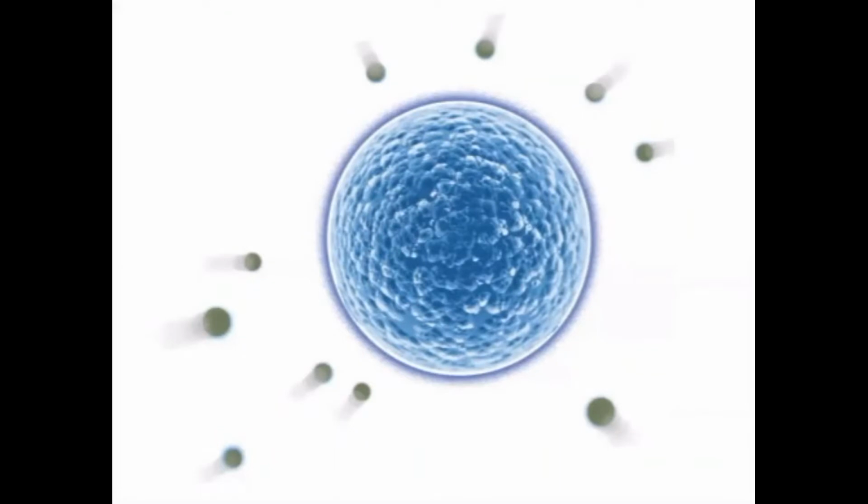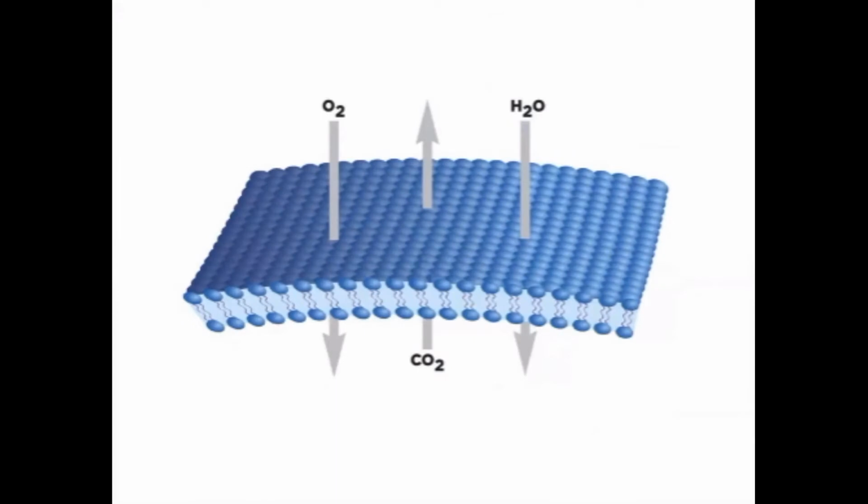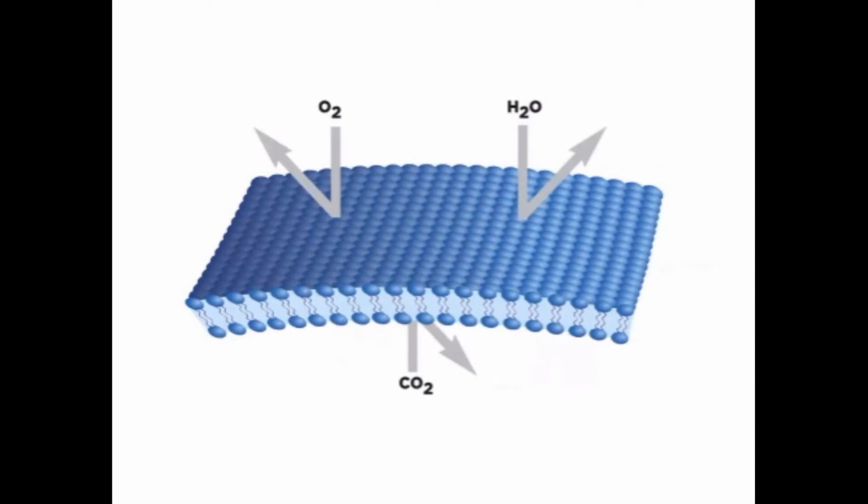I want you to remember that you have about 100 trillion cells in your body, and each and every one of them is bombarded by at least 10,000 free radicals every day, some from the inside of the cell and some from the outside of the cell. And when that happens, that nice semi-permeable fluid cell membrane that allows oxygen freely in, and it allows water to come in as necessary, and it allows carbon dioxide to flow out, that cell membrane begins to change, and it becomes thick and sticky like the fat on your vent fan.